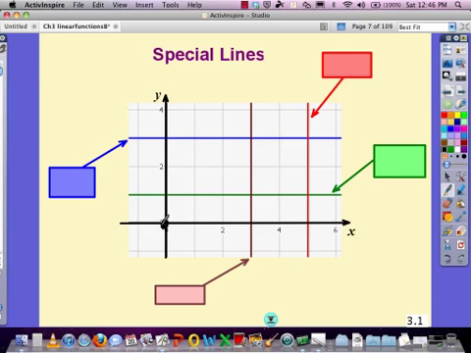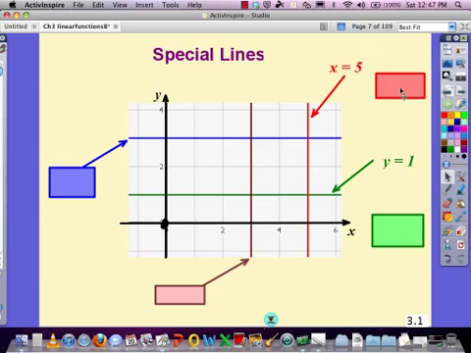Where are you at if you're at the green equation? Not only where are you at, but what type of line is it? You should be able to say, that's the equation y = 1. That whole line, because everywhere on it has a y value of 1. Look at the red one. Count. You should be able to tell me that's x equals 5.